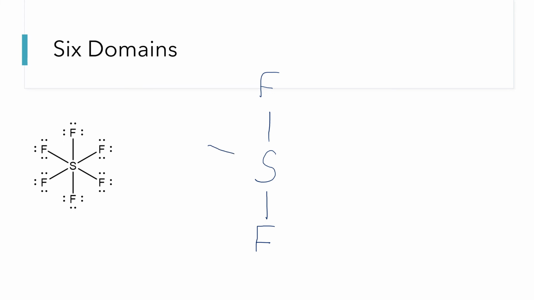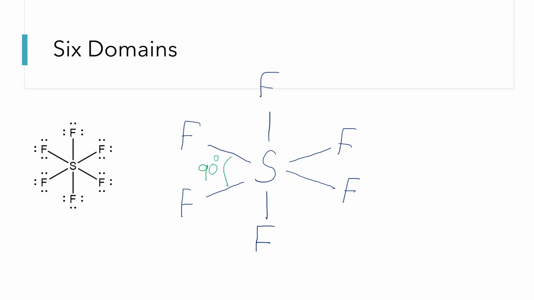So I'm going to draw that square as sort of a big X going through that sulfur. And so then we'll draw the fluorines here. Now in the plane of this, these equatorial positions, the bond angle that we're talking about will be 90 degrees, because it's a square planar sort of thing.